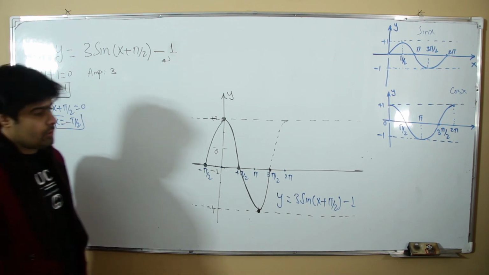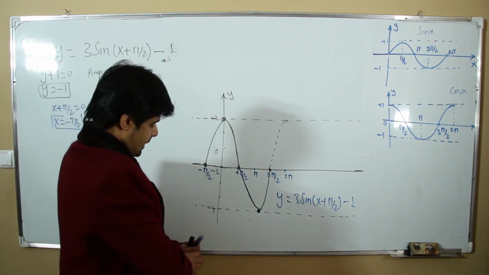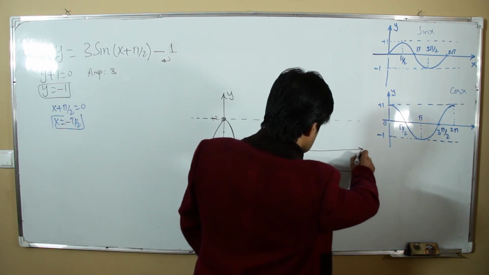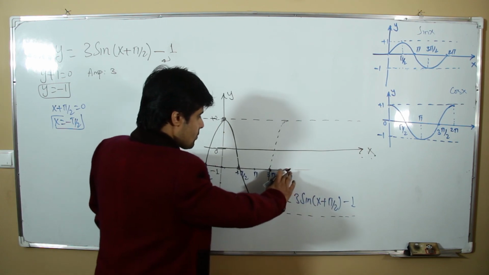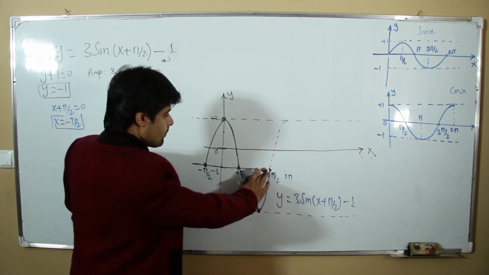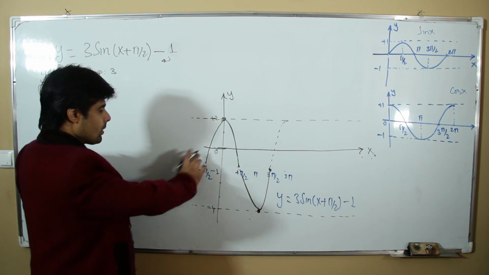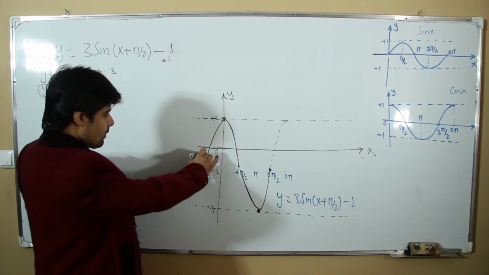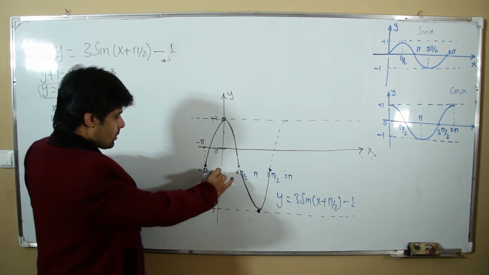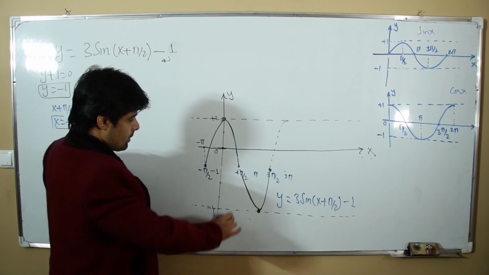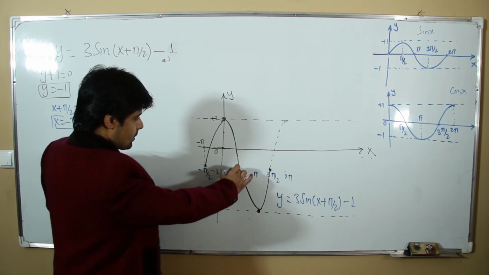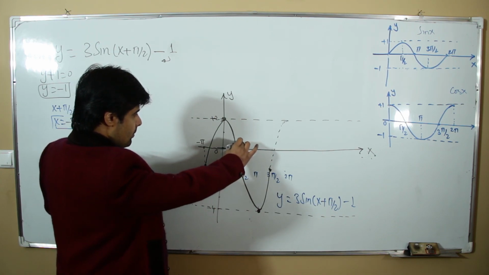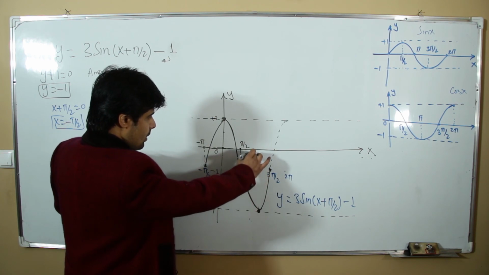I think you have got it. Our x-axis is here. This is our x-axis. But we draw this one and this one. It means this was our minus pi divided by 2. This was our 0. Am I right? And this was our pi by 2. This point was our pi.